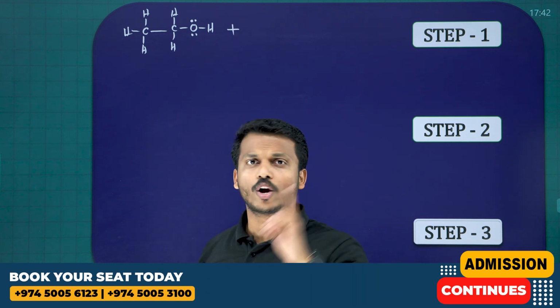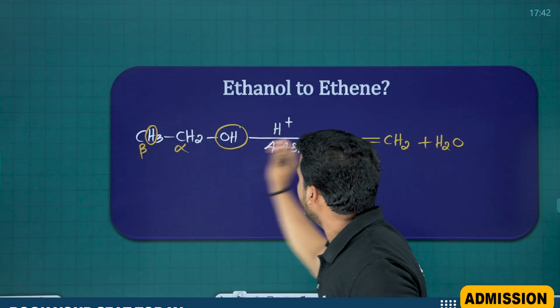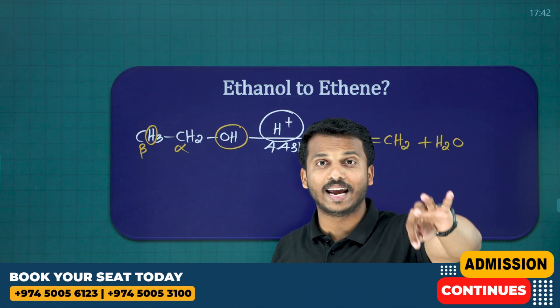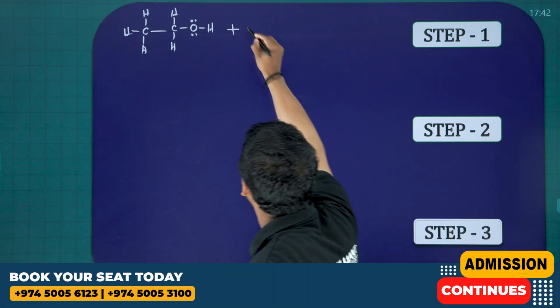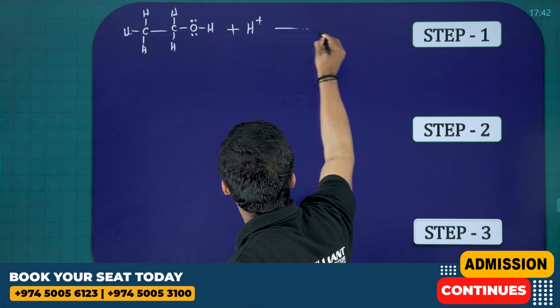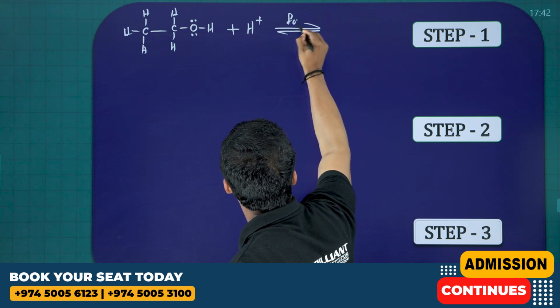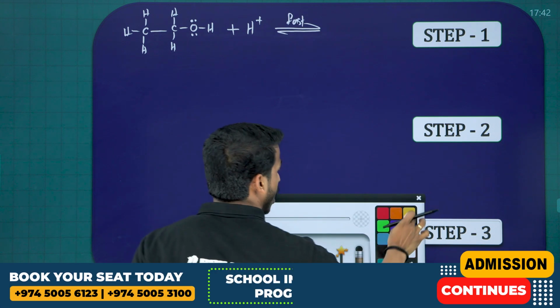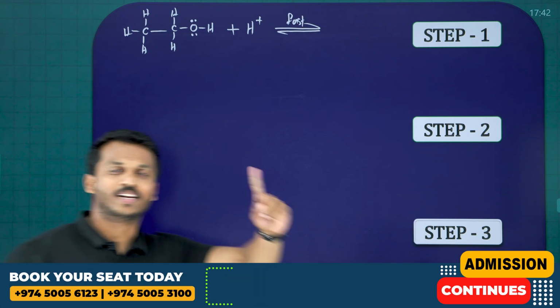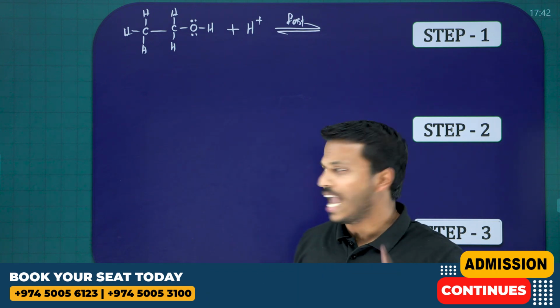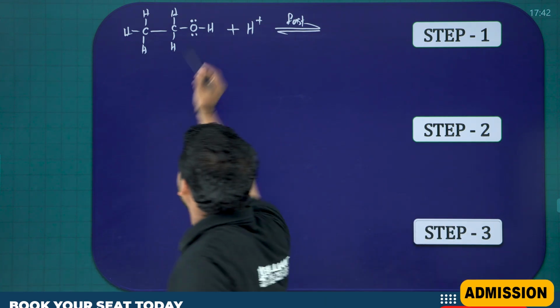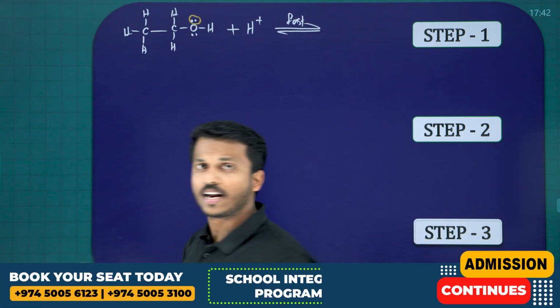In the first step, what happened? Here, ethanol is treated with acid. So acid reacts here, it is a reversible and fast reaction. What happened in step number 1? Same as the previous mechanism, the oxygen lone pair is there.